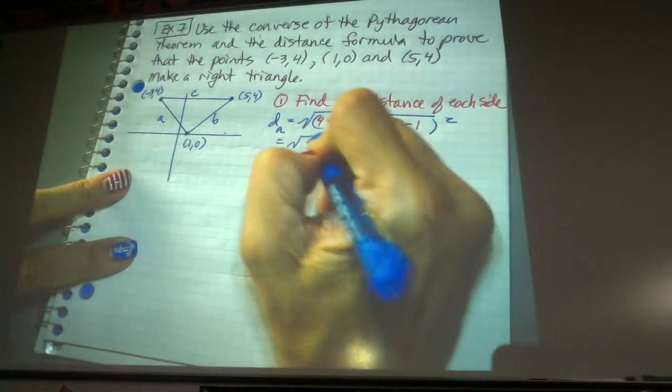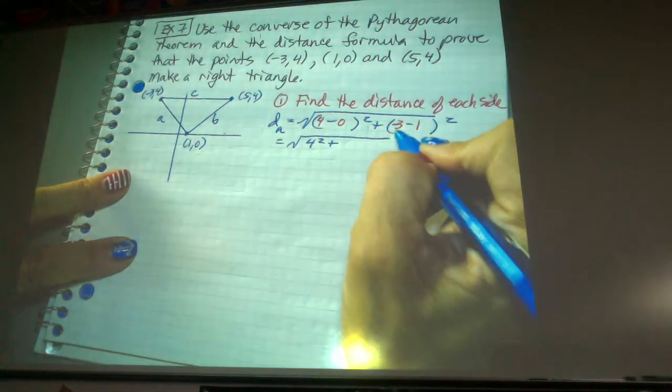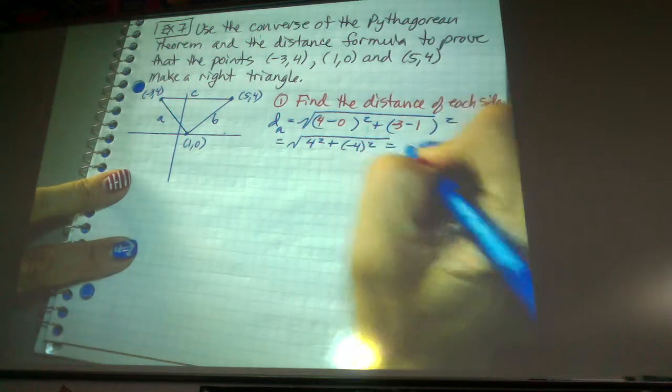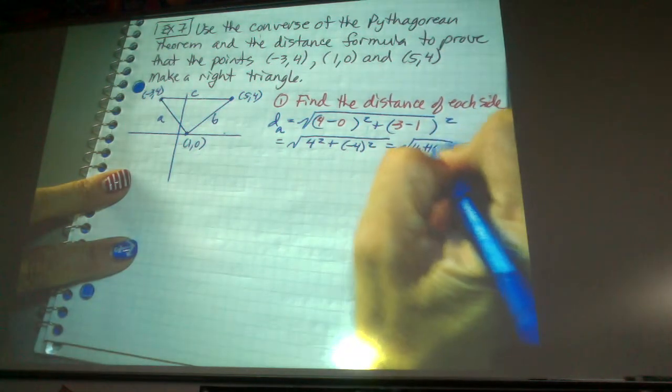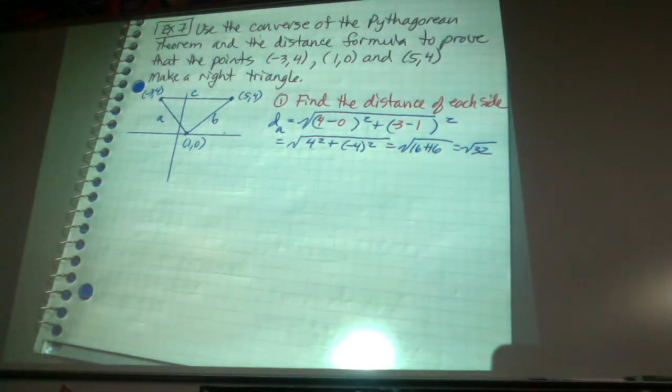I end up with 4 squared plus, add the opposite here, negative 3 plus a negative 1, so I get a negative 4 squared, which gives me 16 plus 16, which equals square root of 32. If I were you, leave it unsimplified, because they're not asking you for the length of the sides. It's much easier to work with. So there's the length of side A.